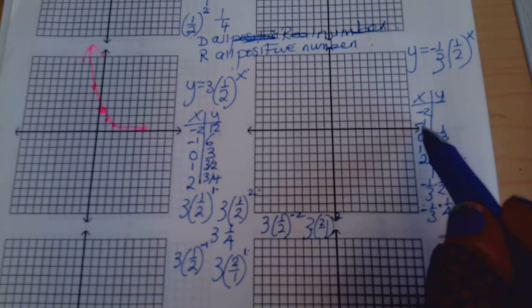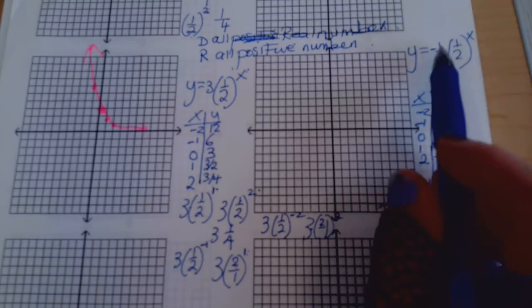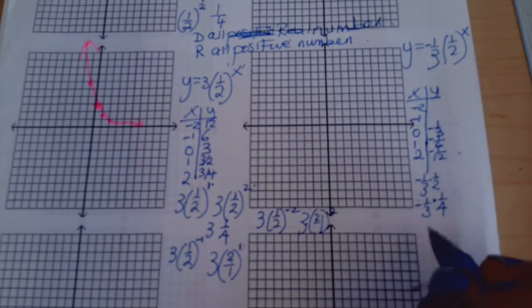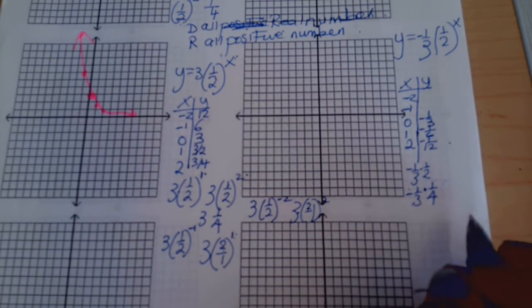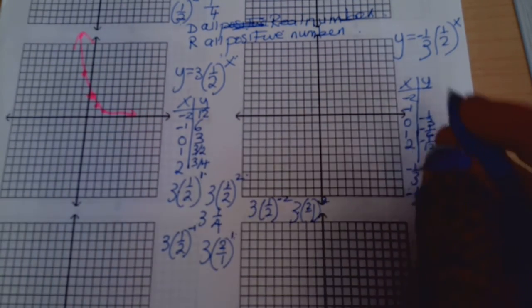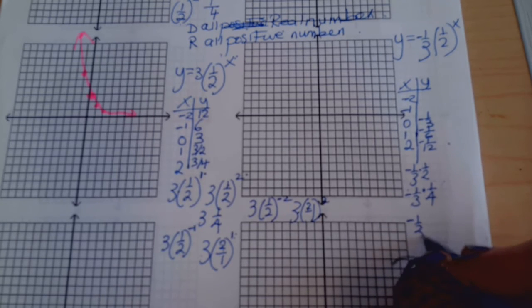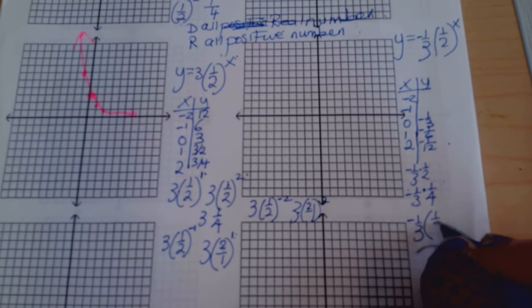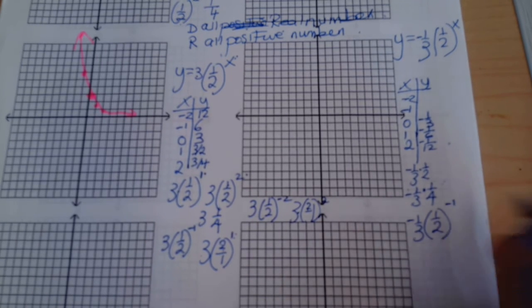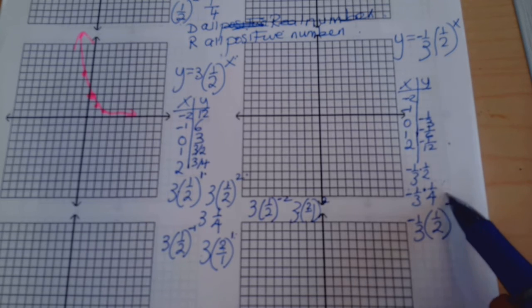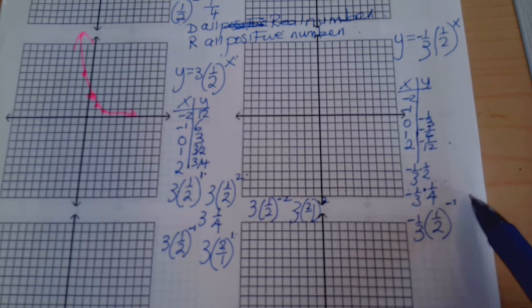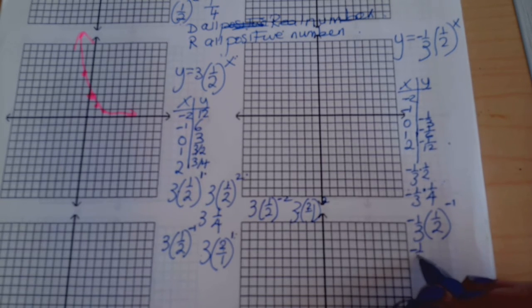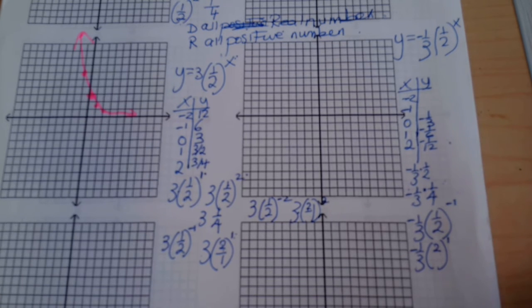So here, if I put a -1, we're going to work the same thing here, and I'm trying to do it so you can see, and then afterwards we'll graph it. So we've got -1/3, we've got 1/2 raised to the -1. So you should know I have to flip now to make this exponent positive. So I've got -1/3, and that becomes 2 to the first power.